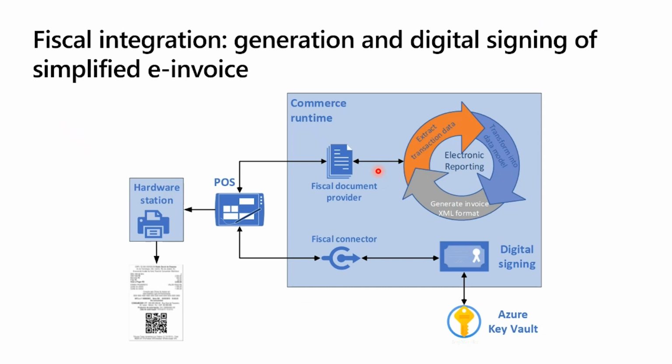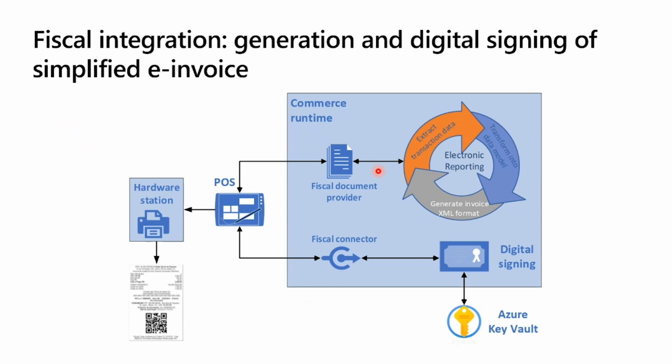It can be a connector to a fiscal printer, or a connector to a web service, or, such as in the case of Saudi Arabia, it's just a piece of code that calculates the hash for the electronic invoice and digitally signs it.